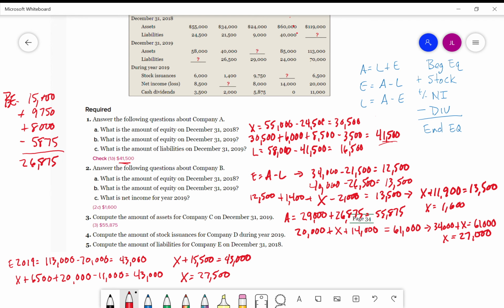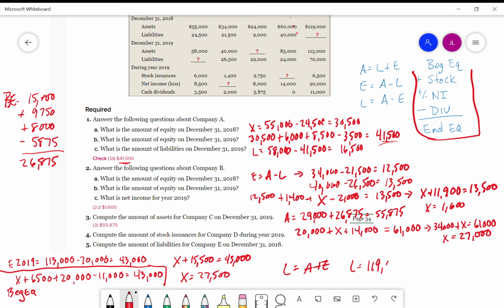Remember, that's what we're figuring here. This was beginning equity. So we know 27,500 is our beginning equity. That would have been our ending equity for 2018. So for 2018, liabilities are equal to assets minus equity. Actually, I put a plus there.